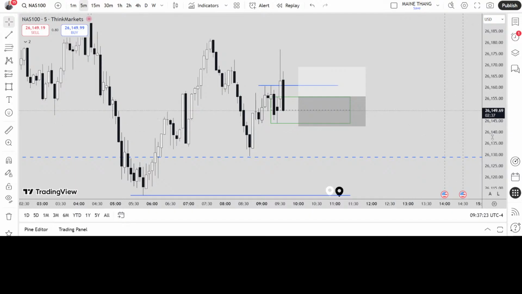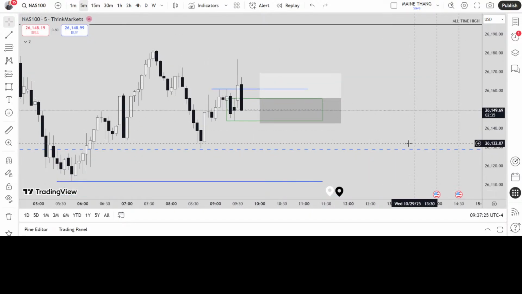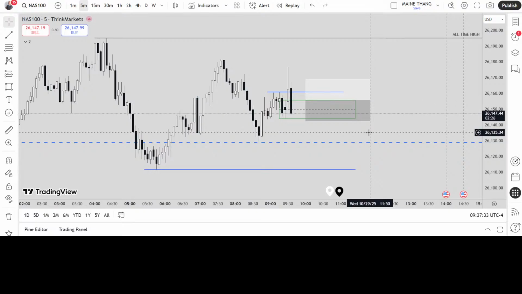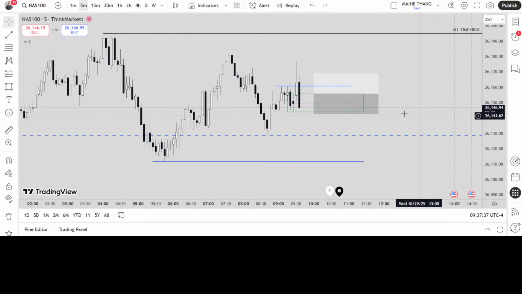Again, this is not a trade I would take. Minor structure here, minor break, but it looks like it's going to break the demand zone.